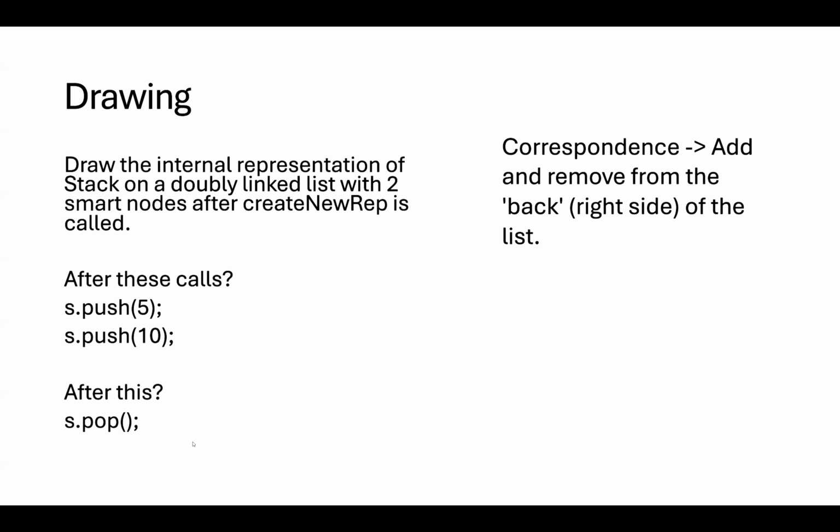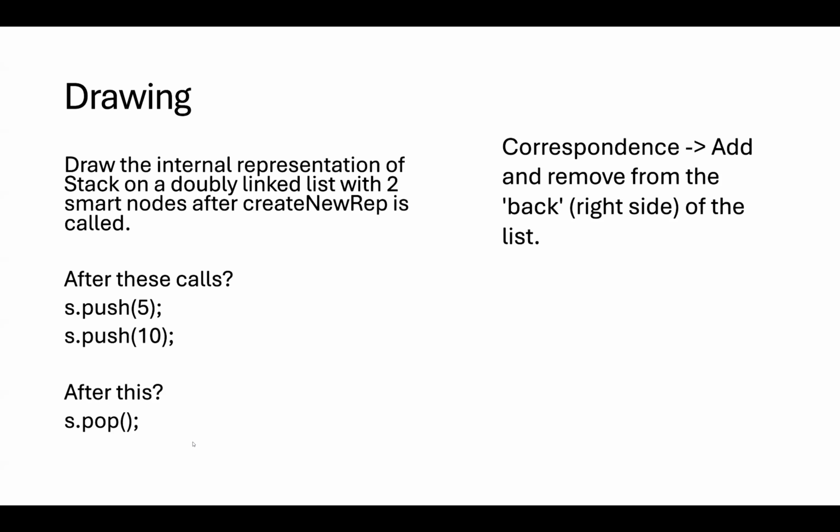Now, what do the smart nodes need to do to each other? Well, for the first smart node, next should probably point to the second smart node to keep the list in order, right? And then for the second smart node, prev should probably point to the first smart node, right? But then we're left with some extra stuff in these nodes that we don't need at all.